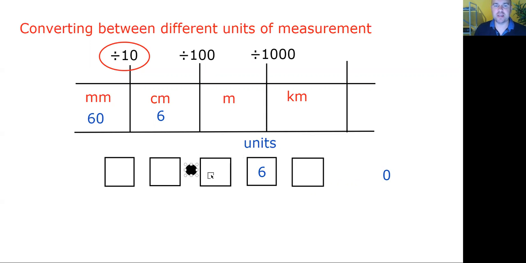Now this leaves a gap in our place value. And if you've got a gap in a place value, it has to be filled with a 0. So 6 centimeters is 0.06 of a meter.